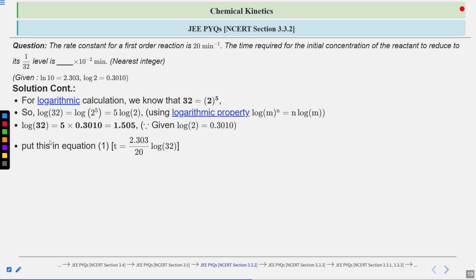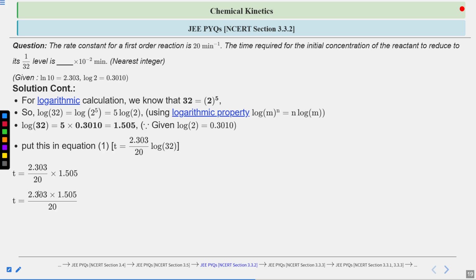Now we put this log 32 in the first equation, which was t equals 2.303 by 20 log 32. So t becomes 2.303 by 20 multiplied by 1.505.